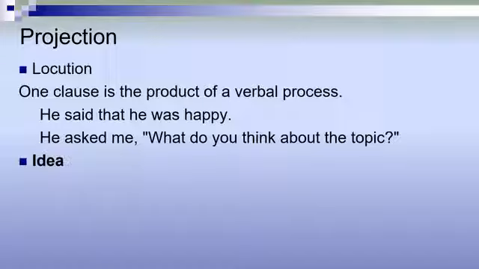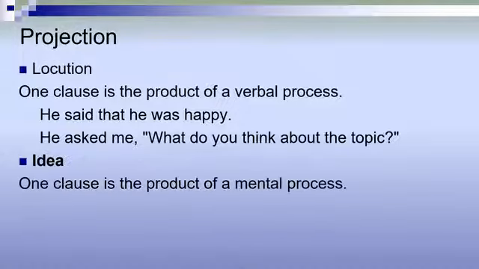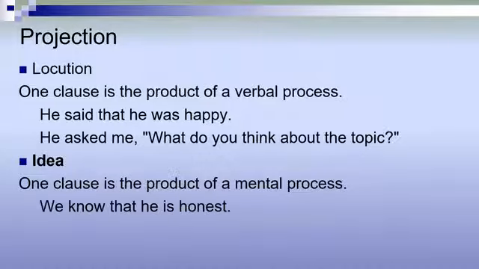The second kind of projection is the idea. Here we have a clause which is a product of a mental process. So the idea relation is a relation of a clause in which the other clause shows a mental process. We have a clause like we know that he is honest.